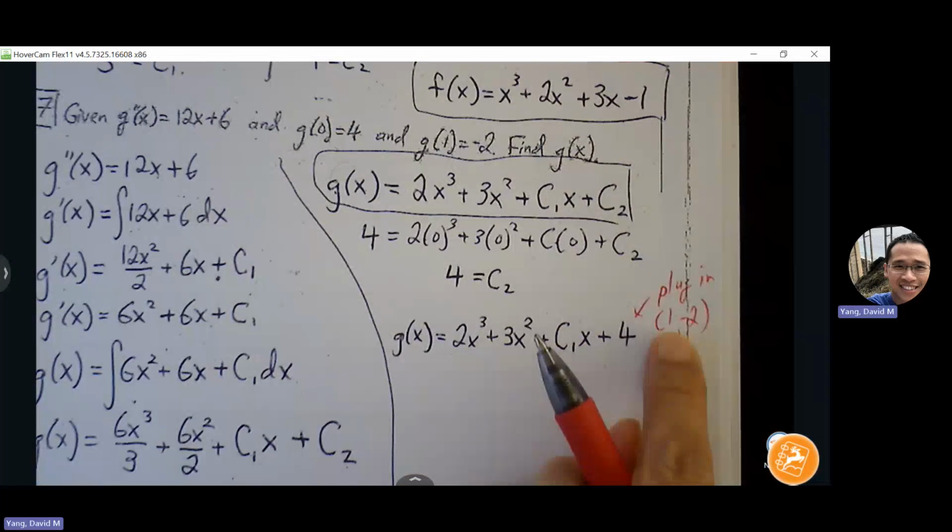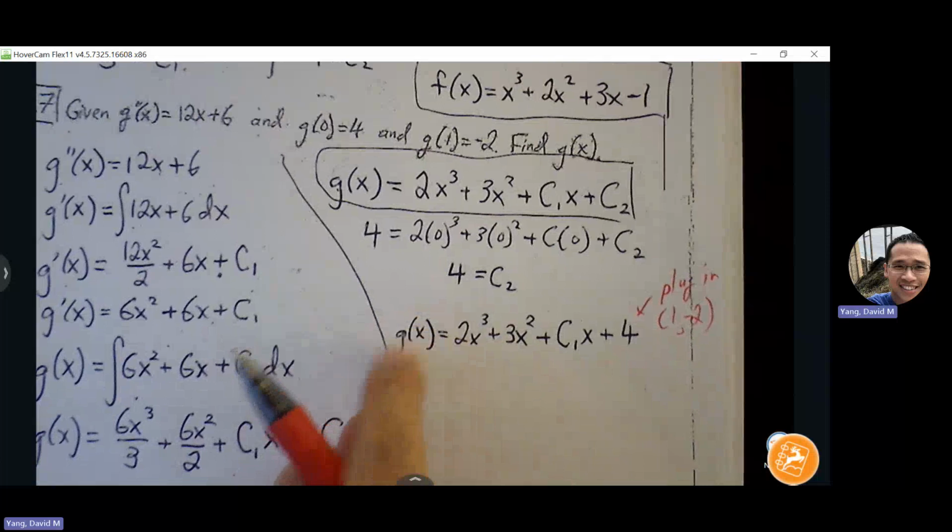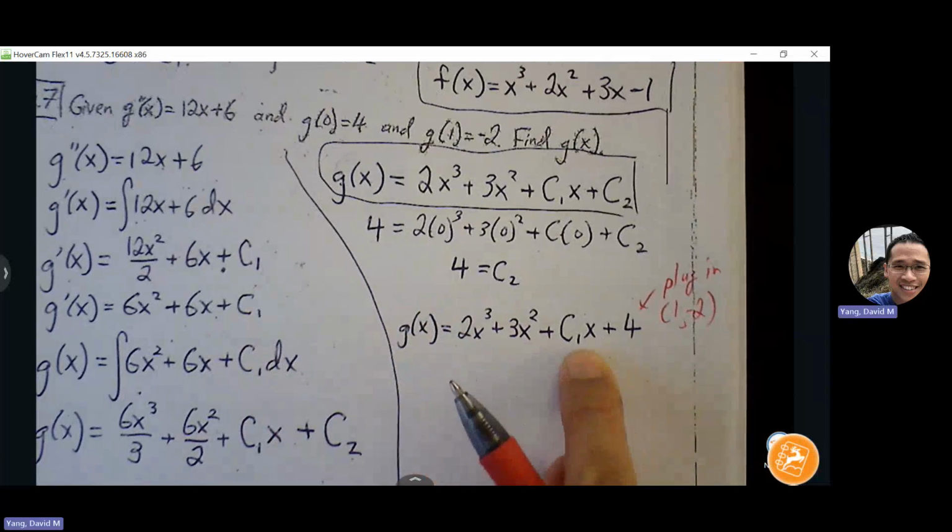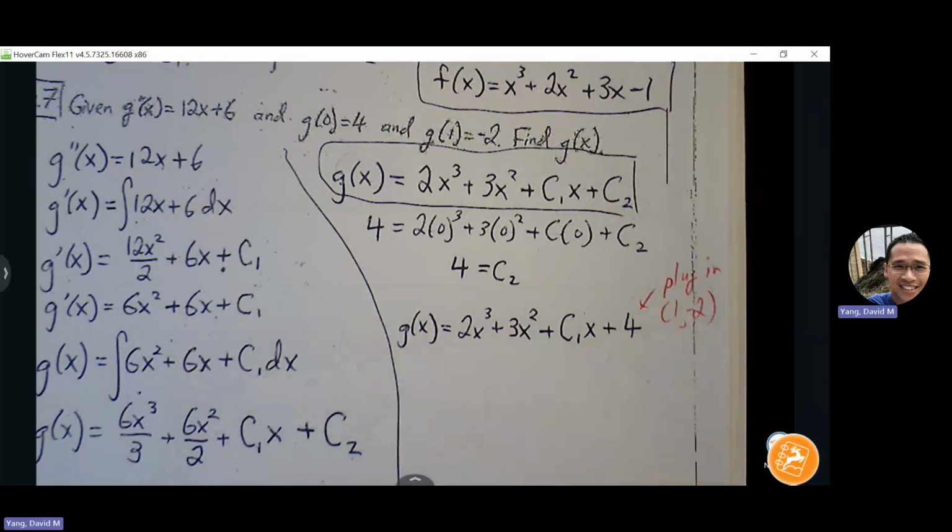So I will replace 1 in for x, negative 2 in for y, and then I can get that final step that I need to solve for the other C.